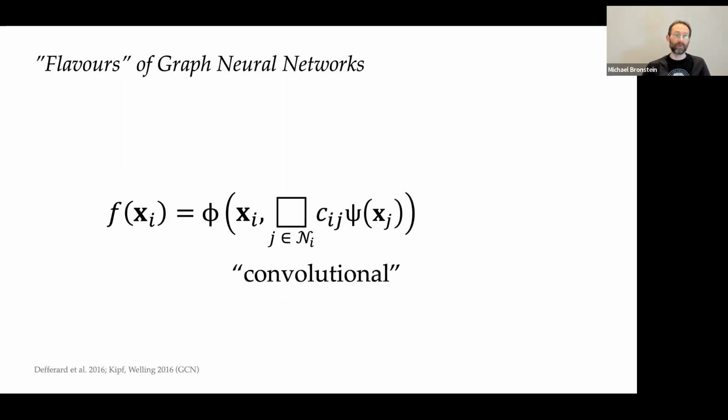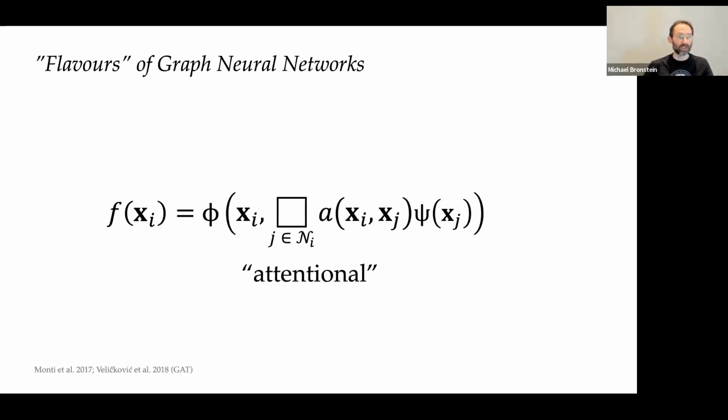So the three main flavors are the convolutional flavor, where we have an aggregation that is dependent on the structure of the graph, but not the features themselves. So the simplest example is just summing up our neighbors. And as we'll see, this leads to the classical convolution.